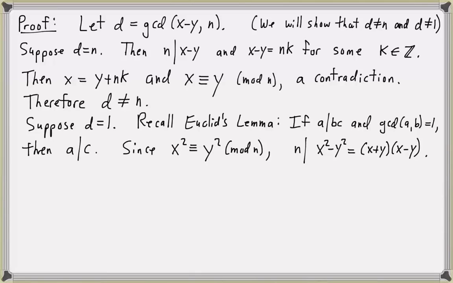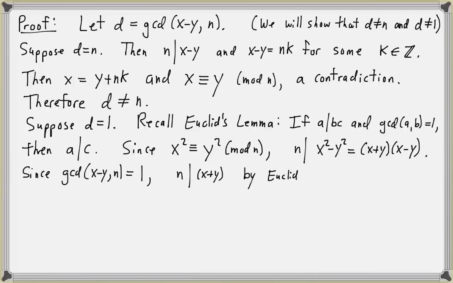So n divides the product x plus y times x minus y, but we're assuming that n is relatively prime to x minus y. Since the GCD of x minus y and n, which we defined as d, is 1, we know that n must divide x plus y by Euclid's lemma.